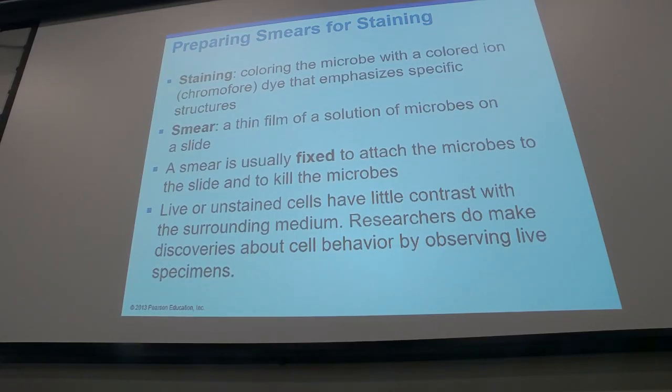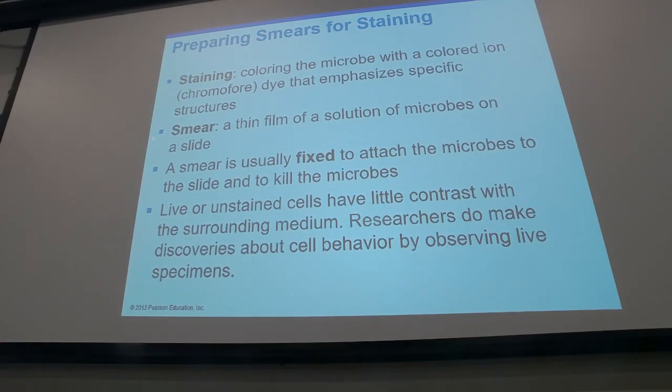The chromophores have different names and different electrical charges. With these electrical charges, the dyes can interact with the object, and they can either go inside the object and stain it internally, or they can stay outside. And then you can see the surroundings outside this object.